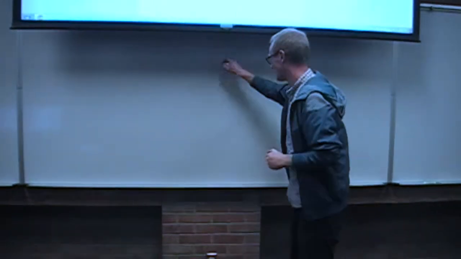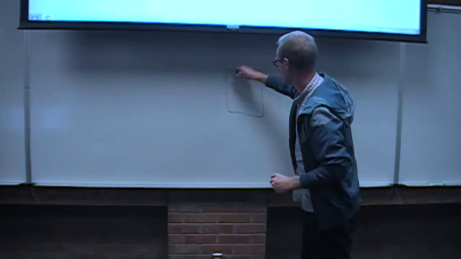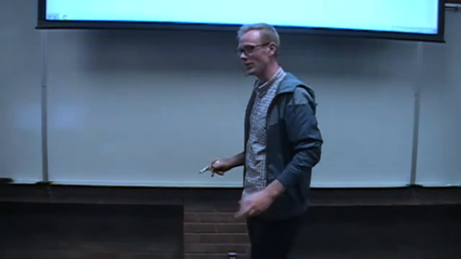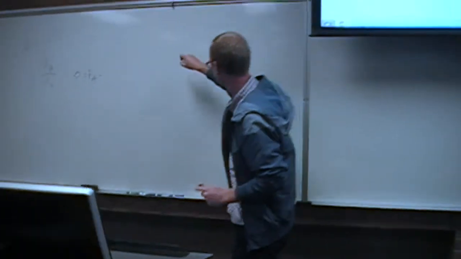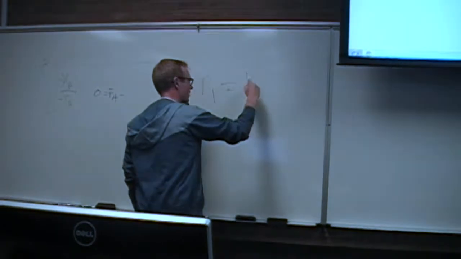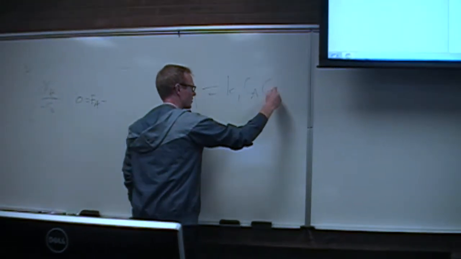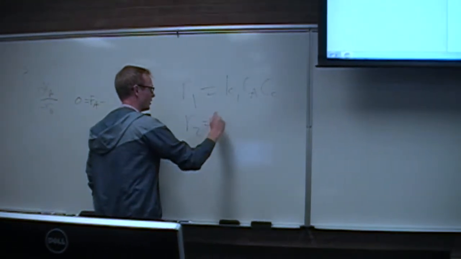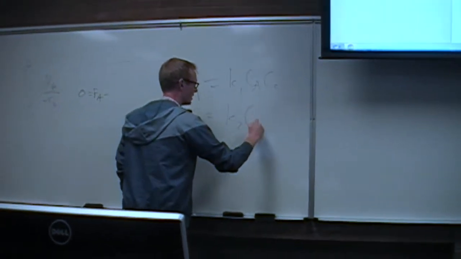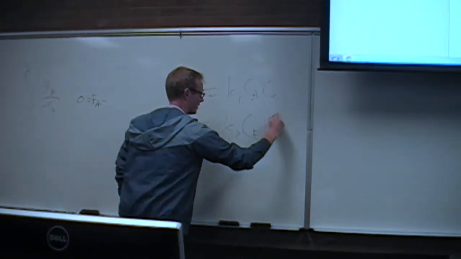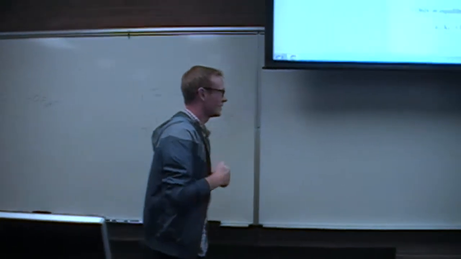From the mid-course evaluation, some of the students told me that I should be writing from left to right, so we're going to try that out today. Now, let's say we have a CSTR, and in the CSTR we have 2 reactions. Reaction 1 is dependent on the concentration of C and the concentration of A, and reaction 2 is dependent on the concentration of E and the concentration of Z. Now, let's just say that these reactions are at equilibrium.